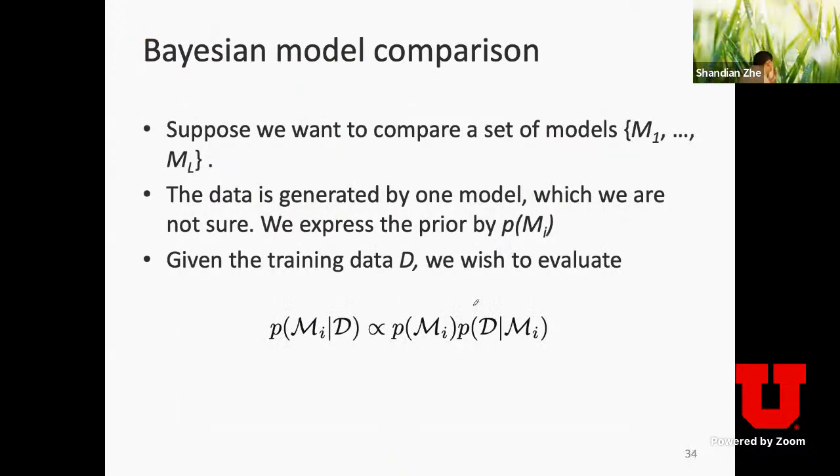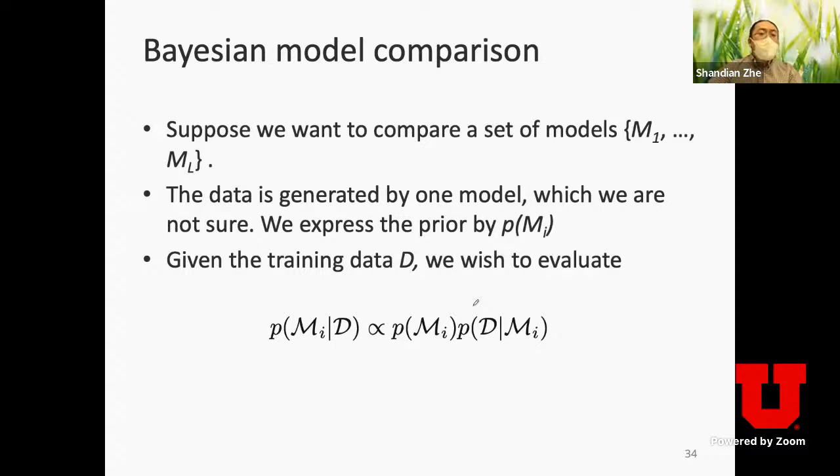Now, let us talk about model comparison. Suppose we have a set of models like M1, M2, M3, up to M100. This is pretty common. If you want to address one particular problem on one particular data set, you always have some modeling choices. Should I use decision tree? Should I use random forest?